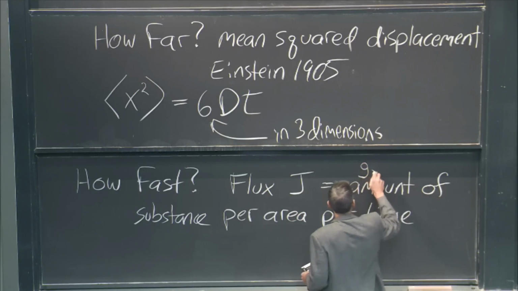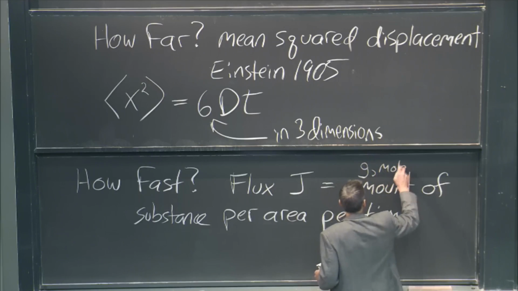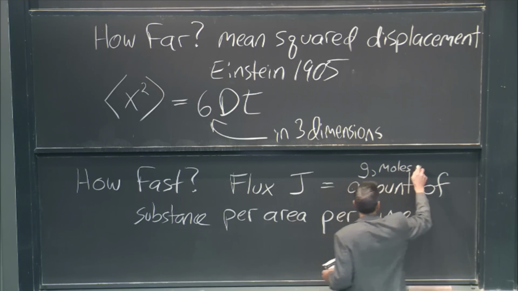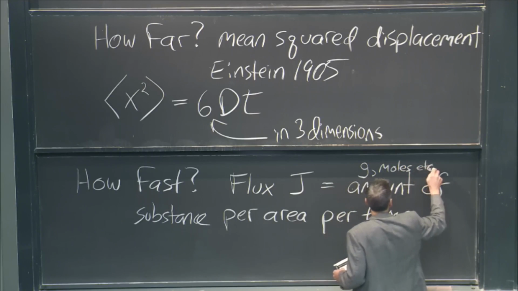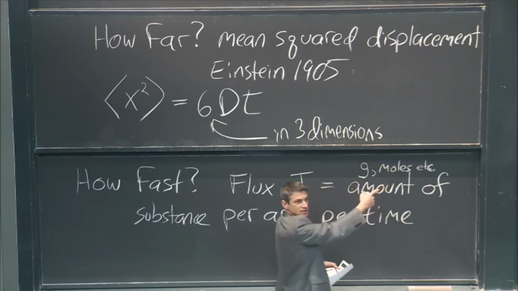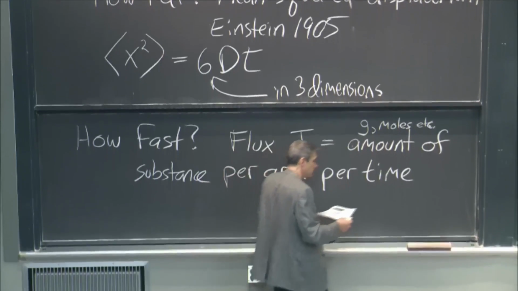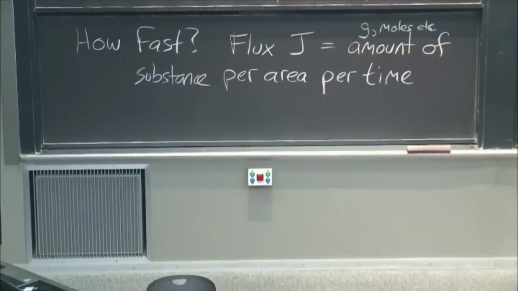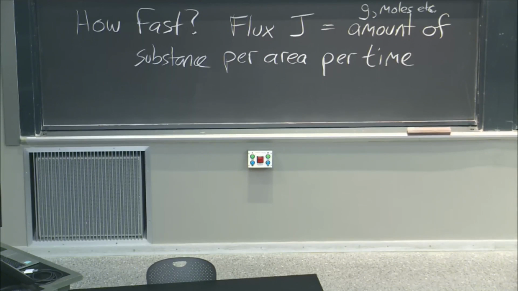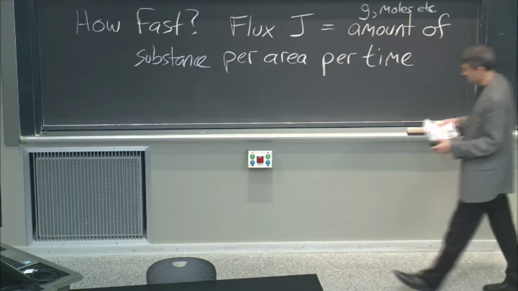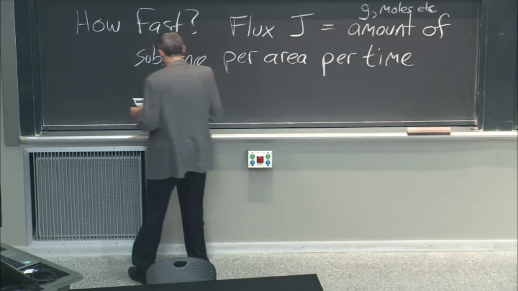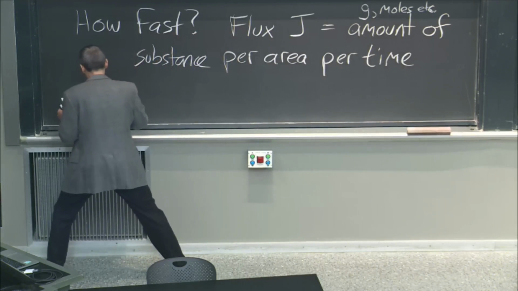Grams, moles, etc. N, number of atoms. The area could be centimeters squared, meters squared, right? It's an area, and then the time is usually seconds. Usually, it doesn't have to be.